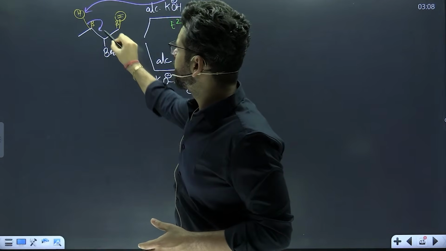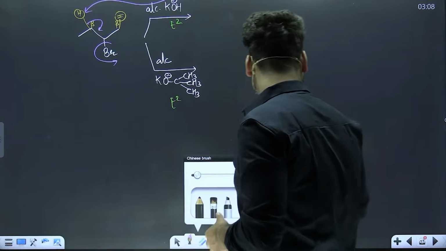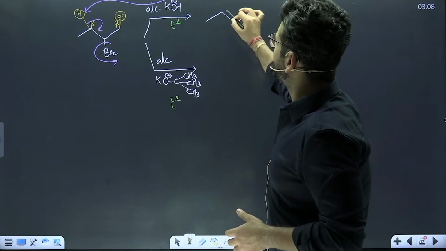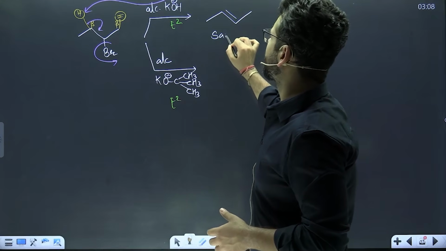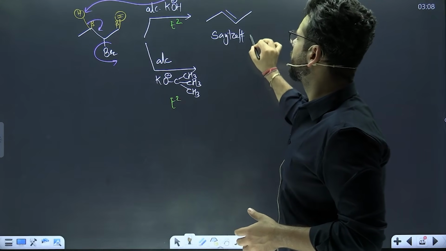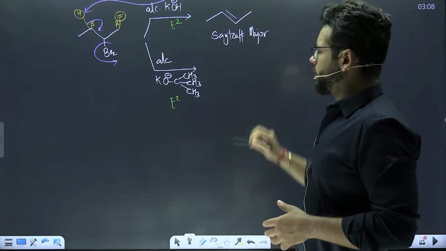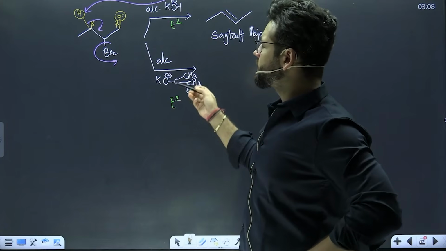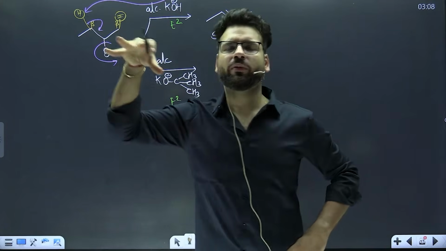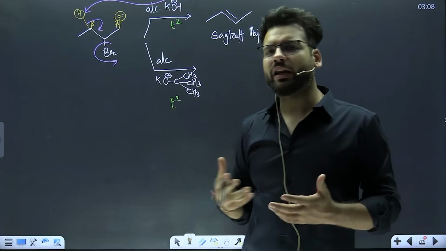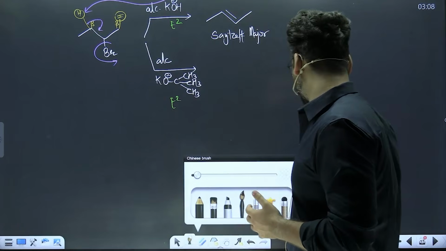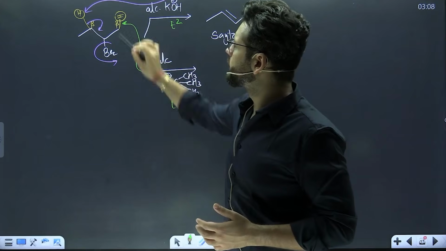Sigma becomes pi, Br minus goes out, and you get your major product as a better alkene, which is a Zaitsev product. But when we take bulky bases like this, attacking inside in the depth of the molecule is a little tough because of steric hindrance. So it attacks instead on the outer protons like this.